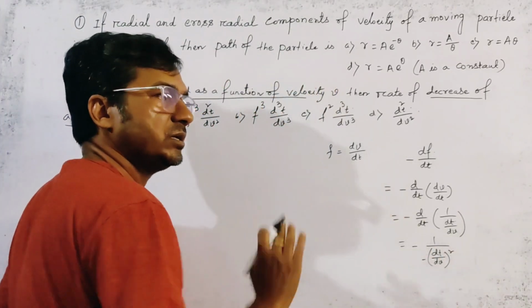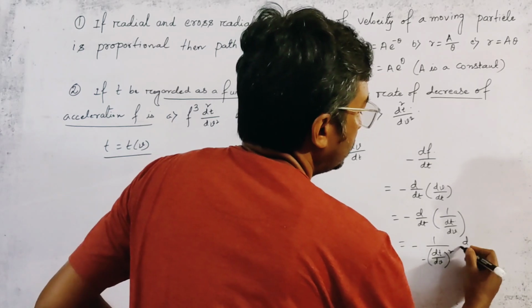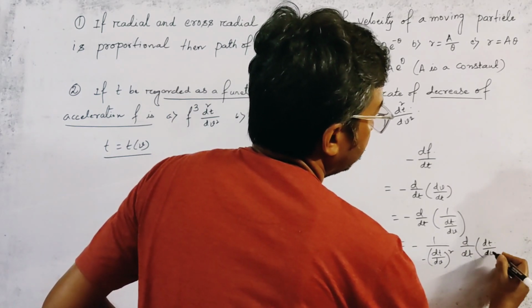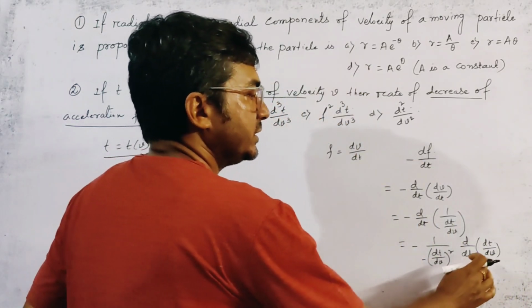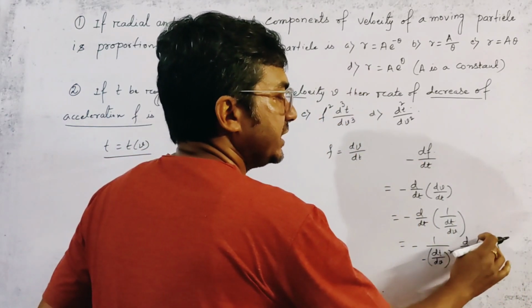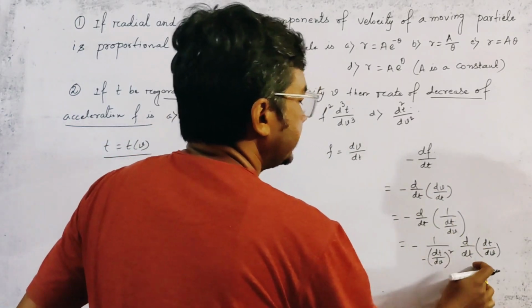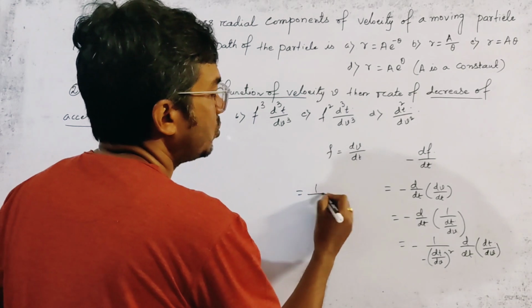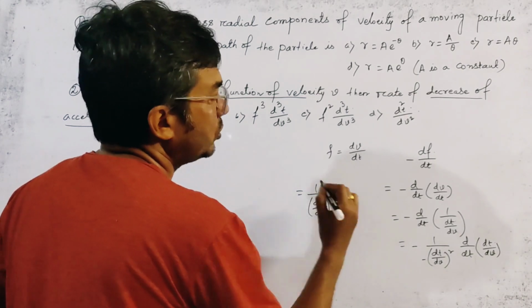Another minus we get from the formula of derivative, and now we differentiate dt by dv with respect to t, but we must differentiate dt by dv with respect to v, so we write this as negative negative positive, so 1 by dt dv whole square.